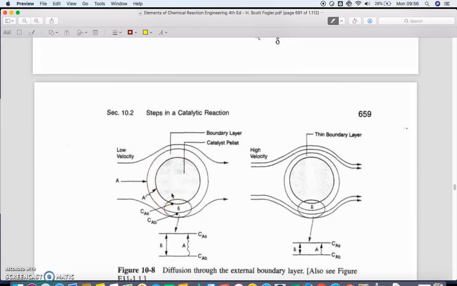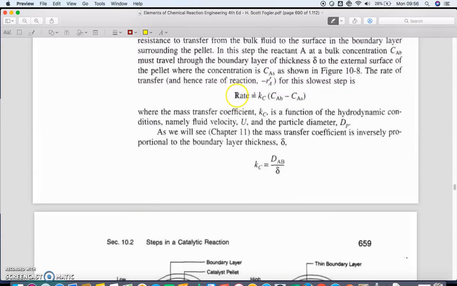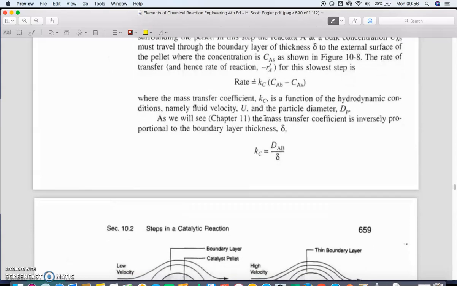in order for the reaction to occur. So when you want to describe the mass transfer here, that's why they use the rate. Rate is actually Kc times (CAb minus CAs). Kc is actually a mass transfer coefficient. You will see this a lot in this chapter. This is the one that you learned before in your mass transfer.